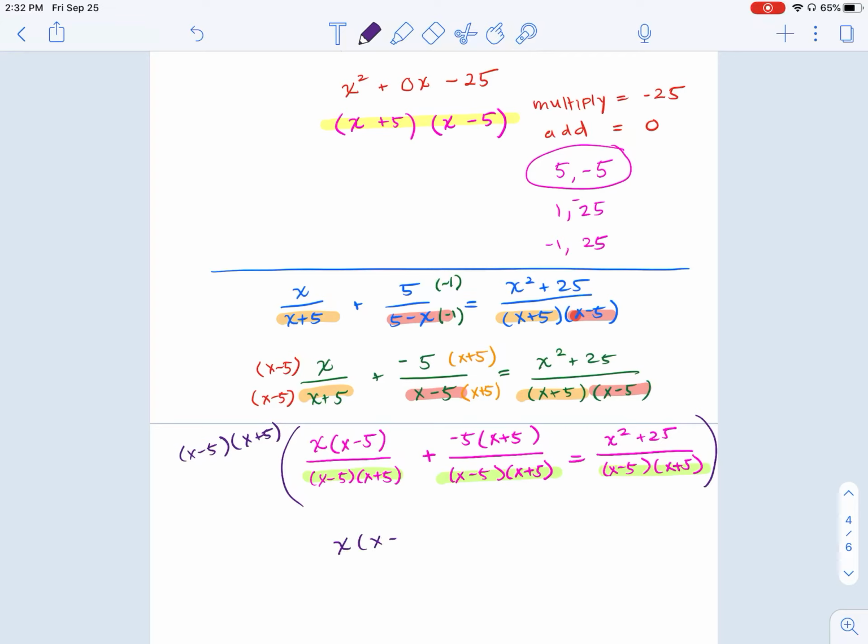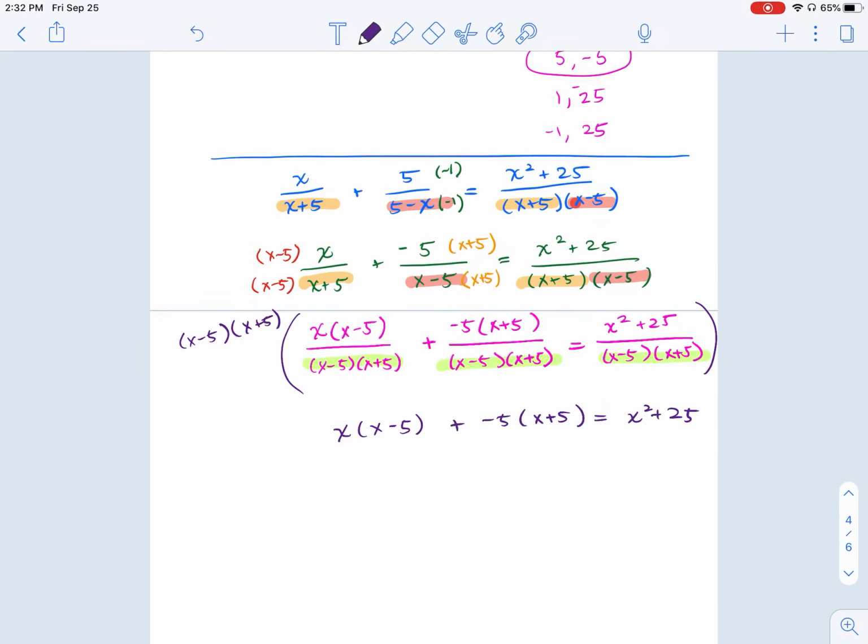Then we get x times x minus 5. So all we have is the numerator now. x squared plus 25. Because what this did was it eliminated my denominators because they were all the same.